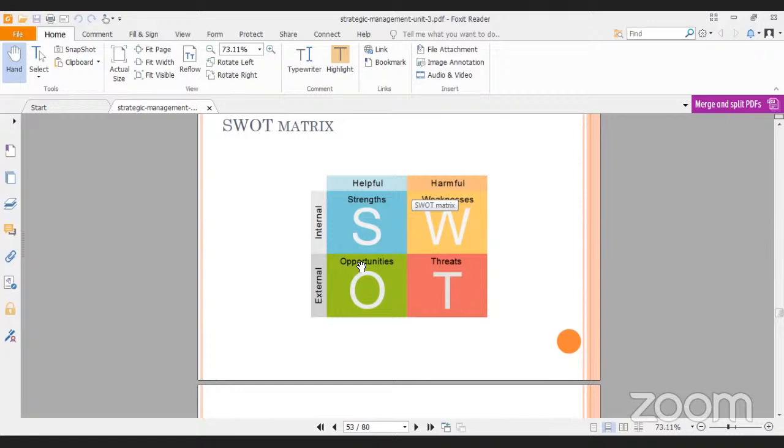We also call these cash cows, which are highly profitable, meaning your organization has a lot of strength. Take Amazon: when Amazon's strength combines with the opportunities of the external environment, how they are able to grab the profit.